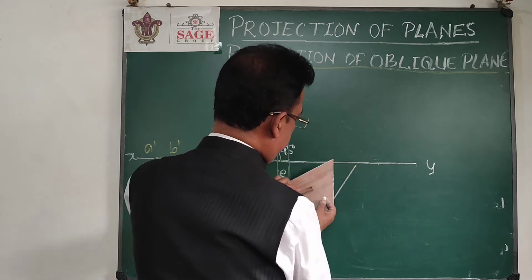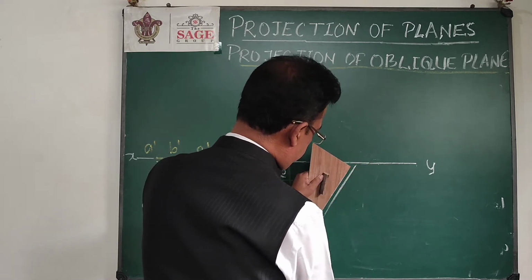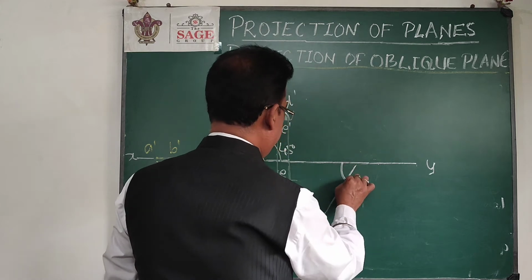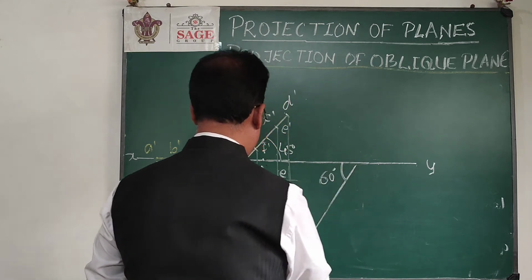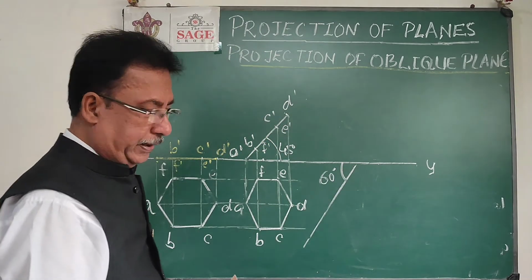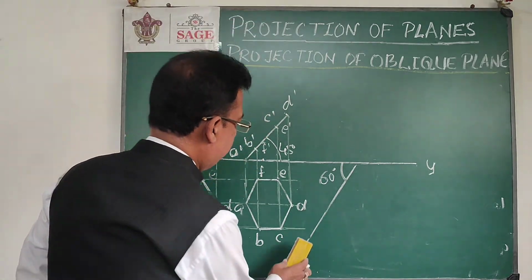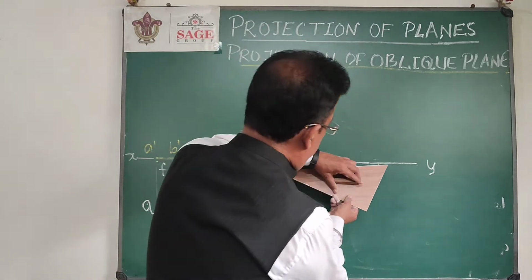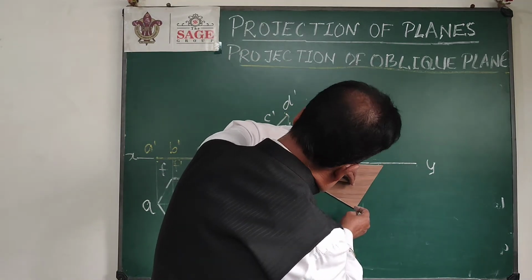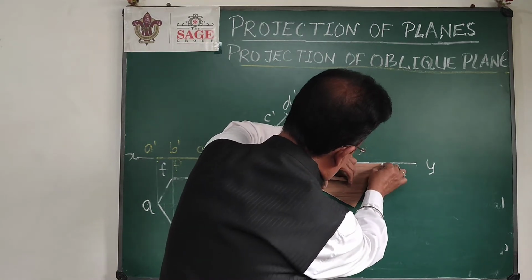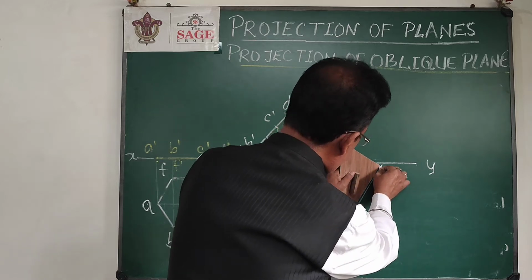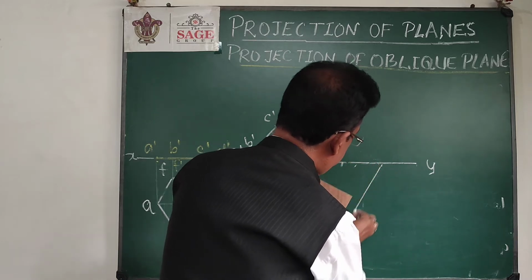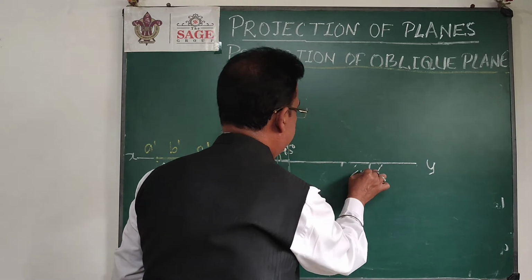You can draw a line at 60 degrees inclined to the reference line, and on this line we are going to shift the line A dash D dash. Better I take it a little further. So this will be better at this much distance. So this is a line at 60 degrees to the reference line.